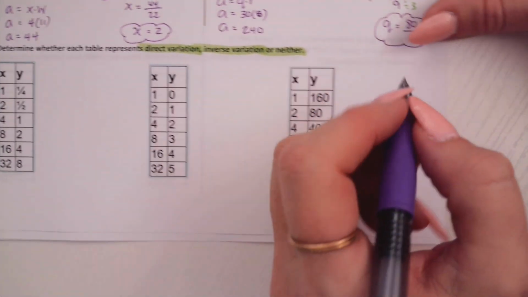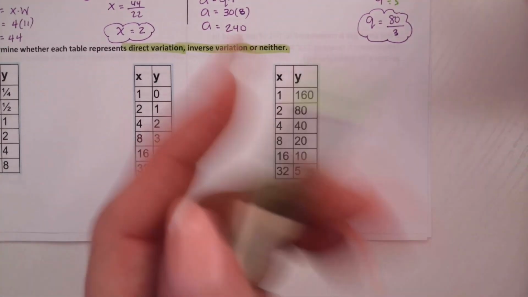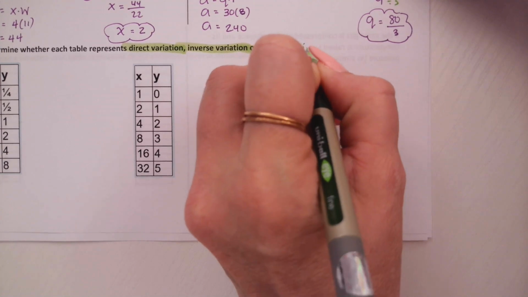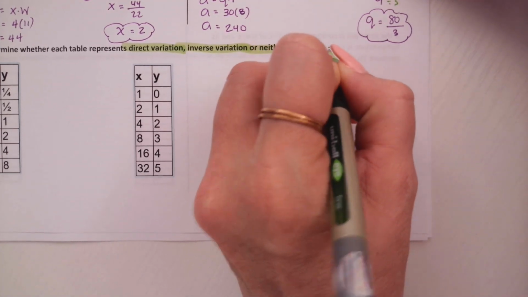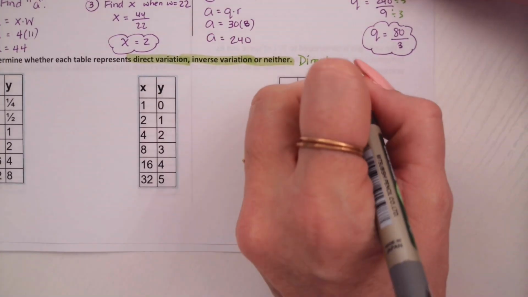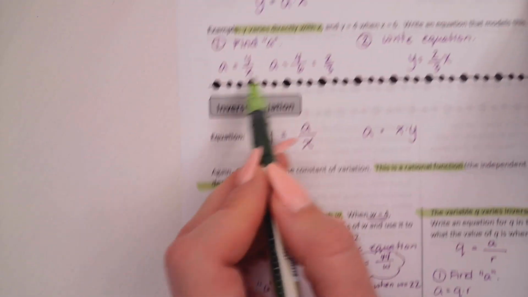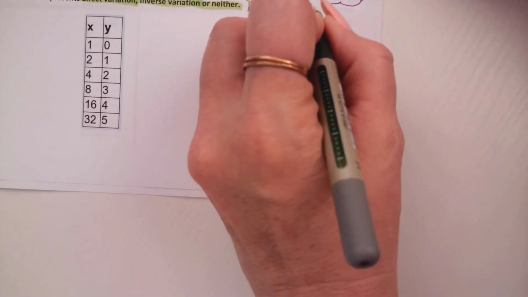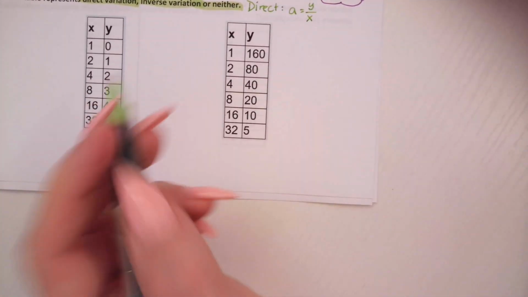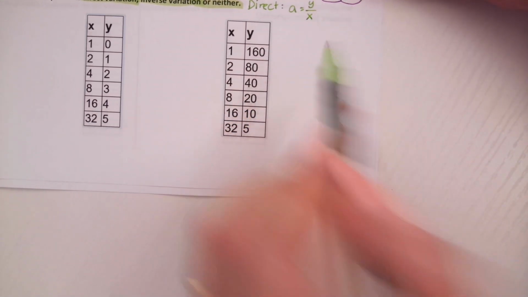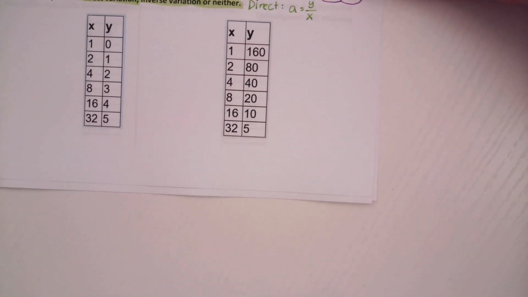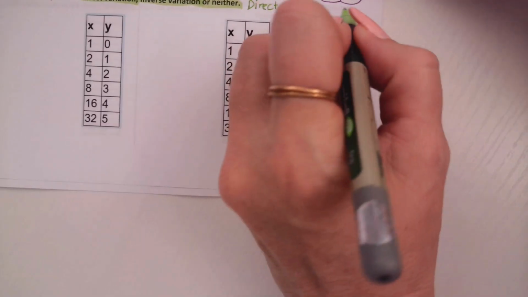If it was showing direct variation, I'm going to write this on the side of my paper. For direct variation, if we did our A equals y divided by x right here, find our constant of variation, it would need to be constant all the way down the paper. So if we check y divided by x and we get the same number all the way down, we know it's direct variation.